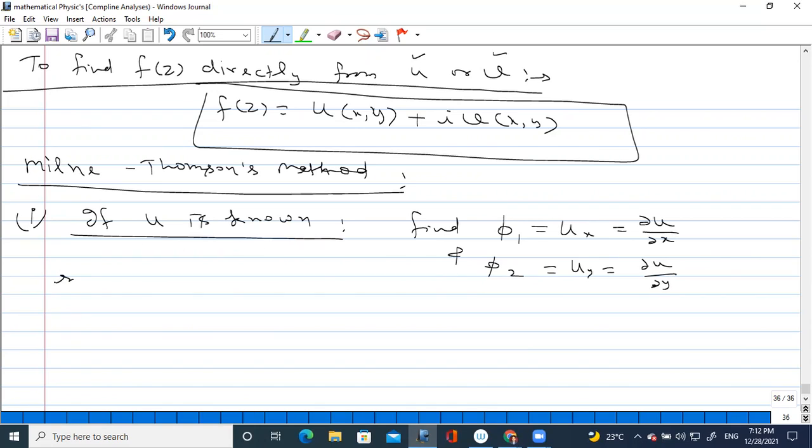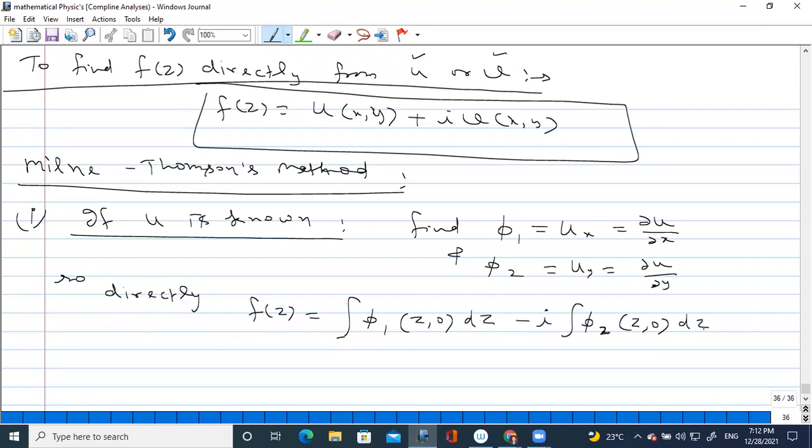Okay, so directly you can say f(z) will be integral of phi1(z,0) dz minus i integral of phi2(z,0) dz.